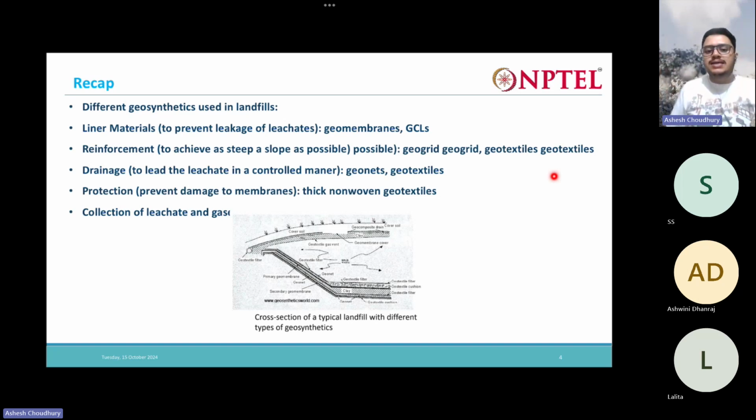These are carried using drainage or collection systems, generally made up of geonets and geotextile, and then collected in under drains, or the gases are collected in tanks or some other way.